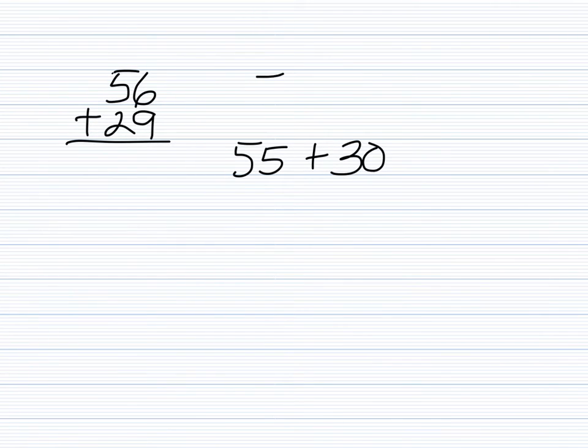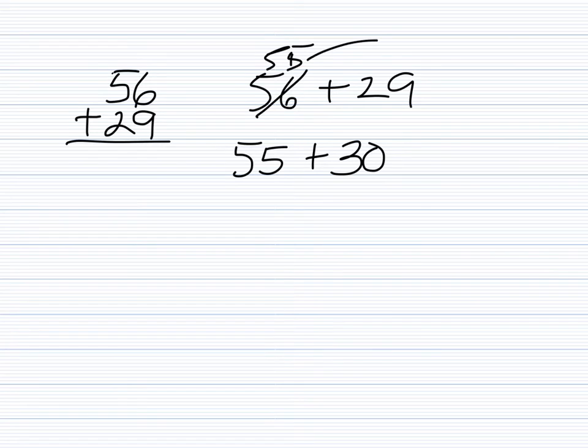So what I did was I took, let me write it sideways, I took one of these away right here and I moved it over there so that it's the same number, which would make this easier to add. So then it would be 55 and 0 is 5, and then 5 plus 3 is 8. So that is another way.